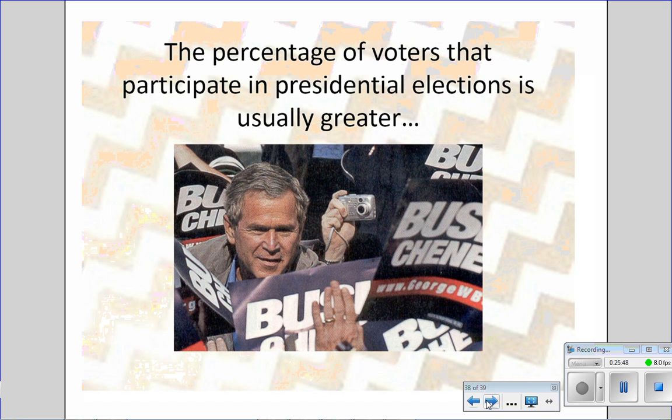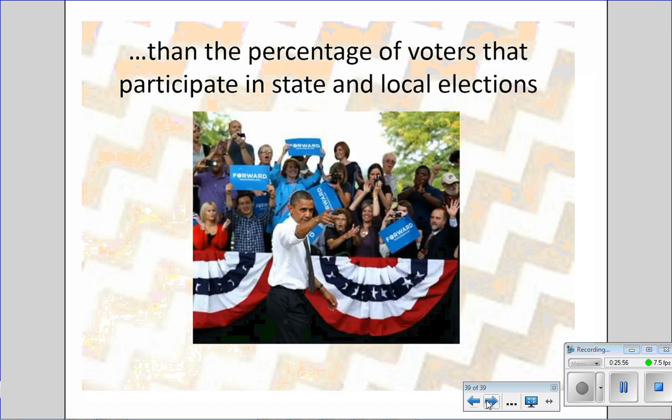There's pretty much an election every single year in November. But again, every 4 years when a president is elected, people are more likely to go out and vote than in state and local elections. And instead of putting Barack Obama here, I guess I should have put Governor McAuliffe for one of our local people.